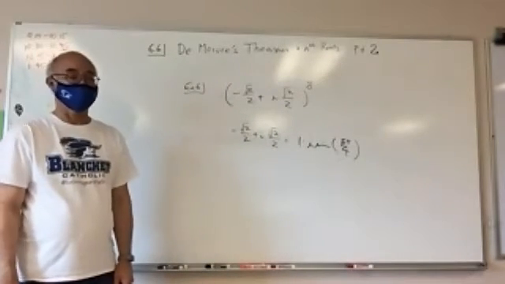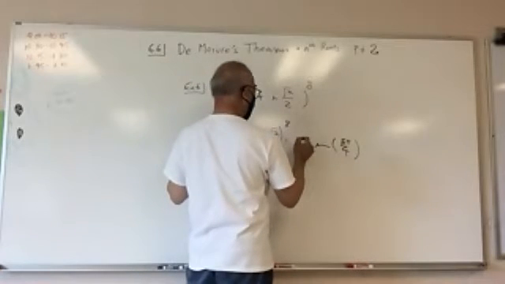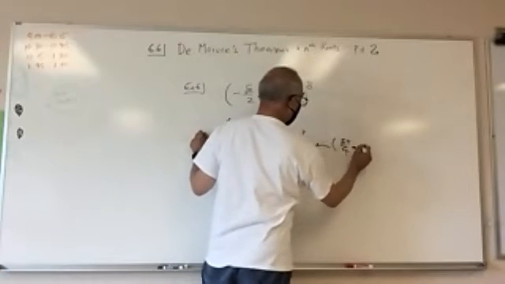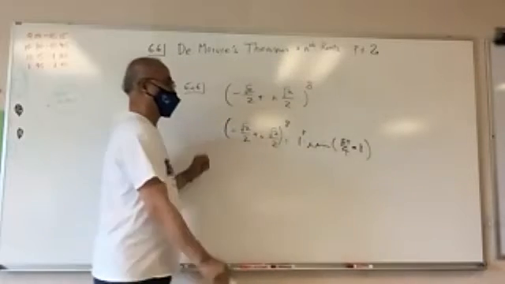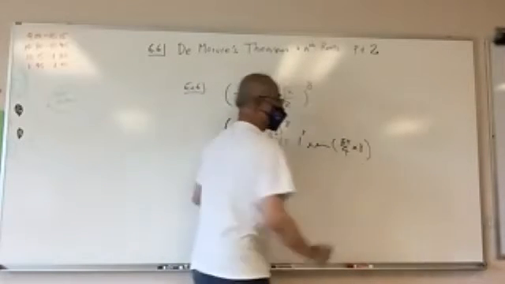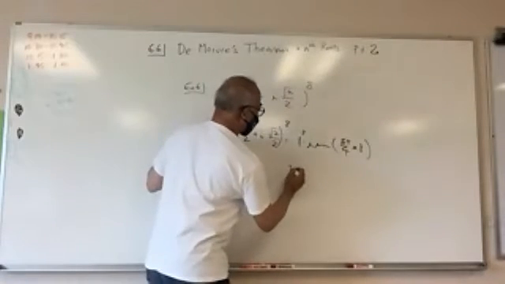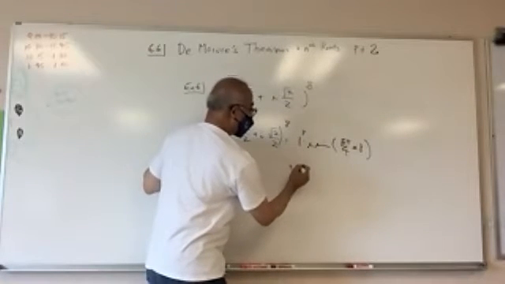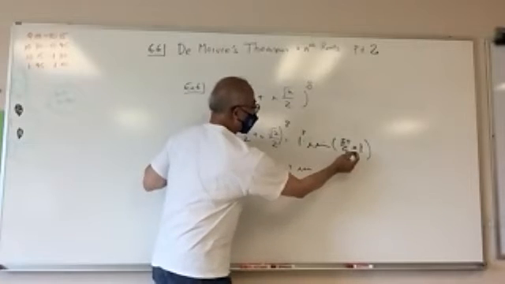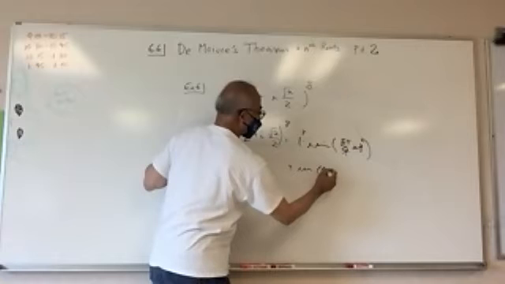Okay. All right. And we're going to do this to the 8th. So it's this to the 8th. This times 8. Times 8 is what I meant there. Okay. So 1 to the 8th is 1. Cosine plus I sine of 6 pi.